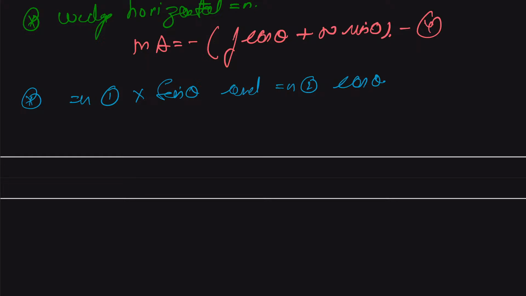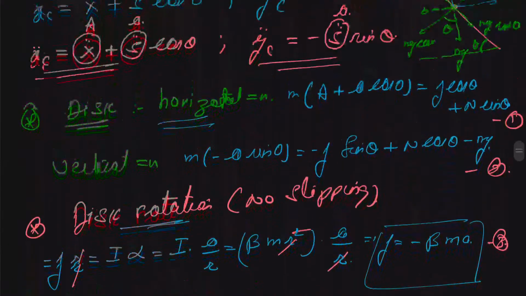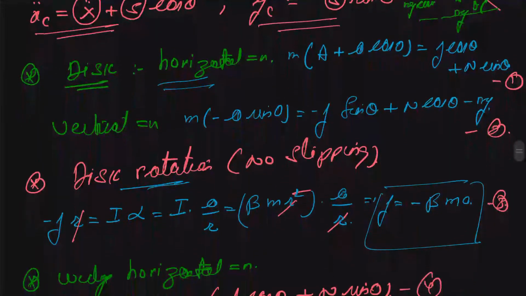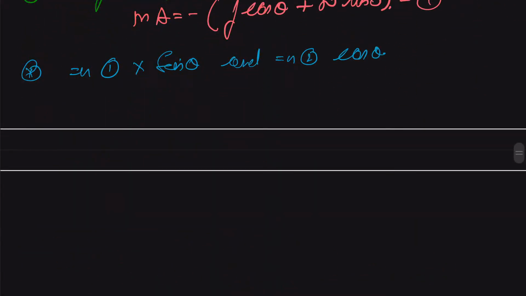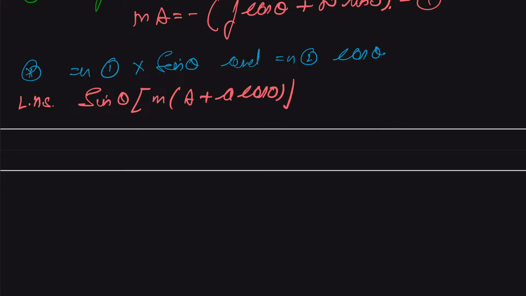And so for our equation 1, that comes as our sine of theta. Let us discuss first of all our left side. So we get that our left hand side, we multiply it by sine of theta. So this comes as m a plus small a cos of theta. Okay.